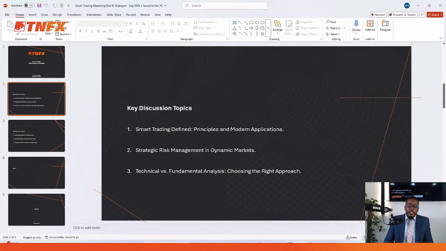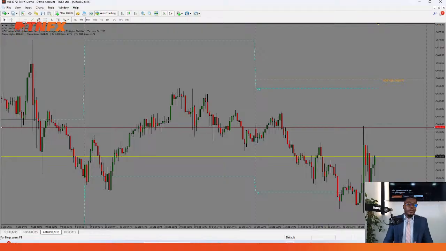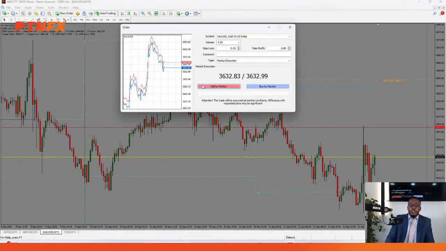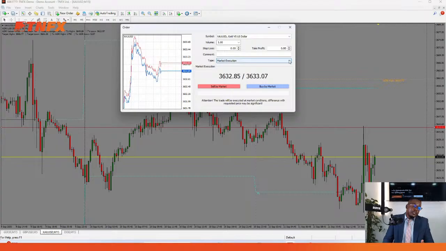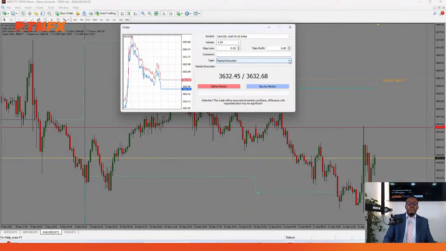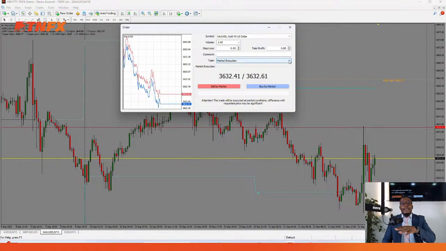Say for instance, let's say you are trading on the markets. There's options to execute in this case, but if you don't have time, you have different types of market executions. So if you take a look at this platform, this is the MetaTrader 4, which is the previous version from the MetaTrader 5 that we are now using, which is the new generation.